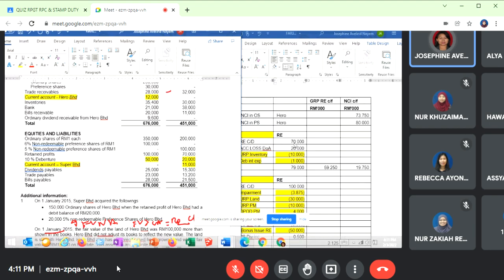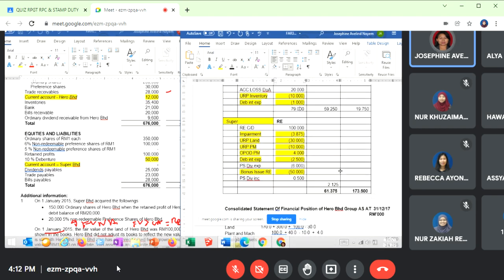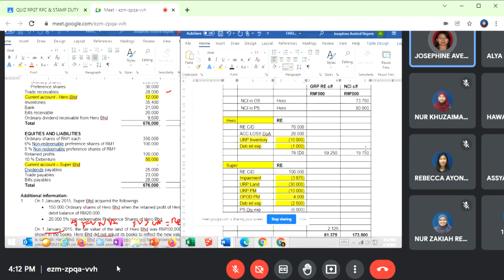Okay, but the post profit is adjusted for the following items: unrealized profit on inventory and debenture interest. So that is the post profit till end of the year. So allocate that to parent and NCI. For the NCI, you add all this together, total figure.